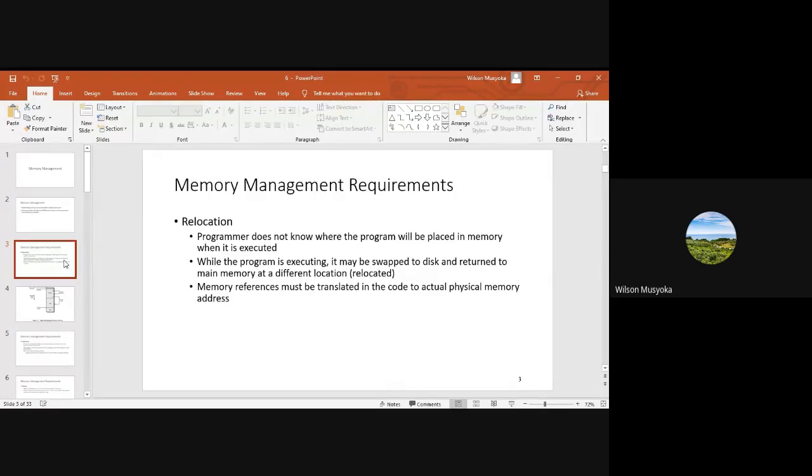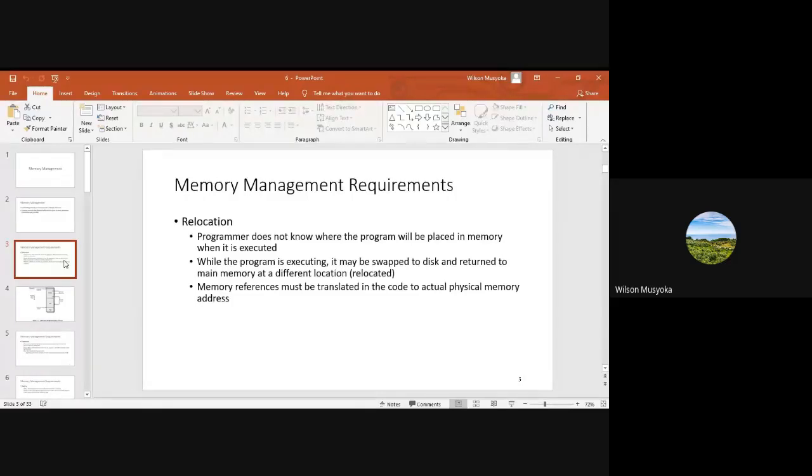During the execution of the program, you may find that these processes are being swapped in and out of the disk to the main memory and taken back to the disk, depending on the activities that are taking place in the operating system or the activities that are being executed by the program. So that is why we need memory management.